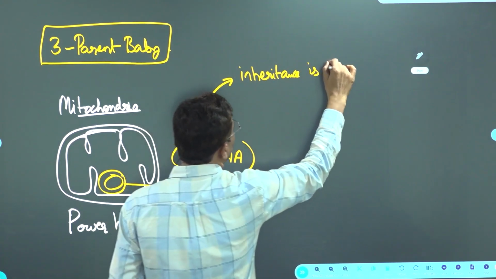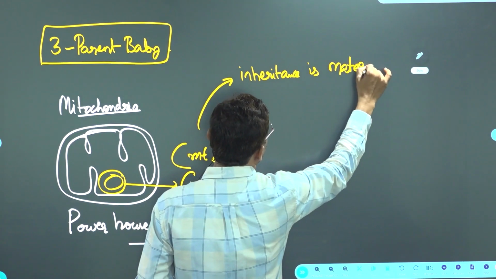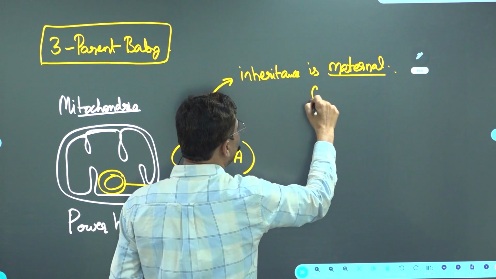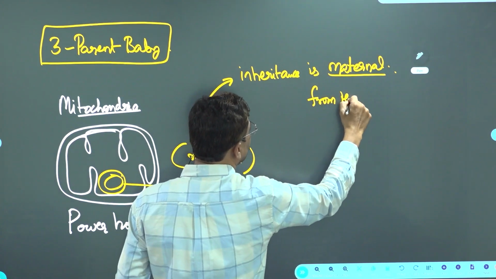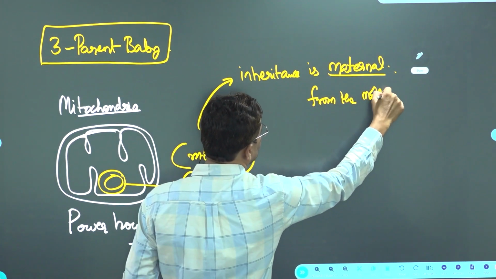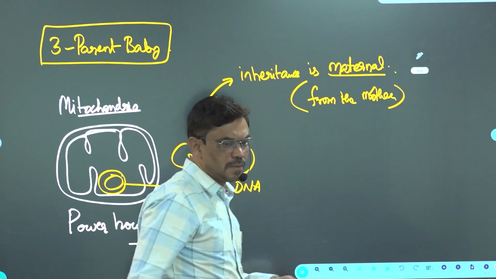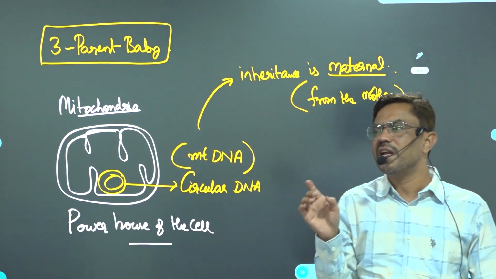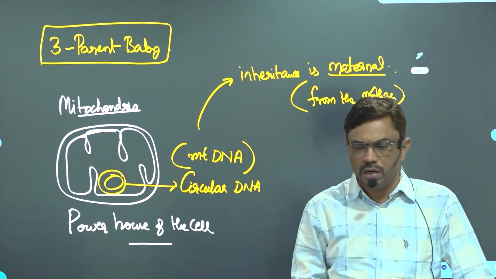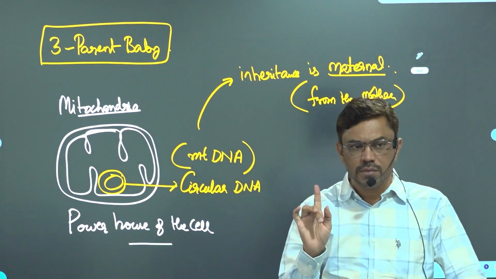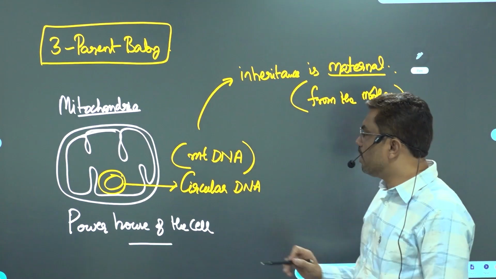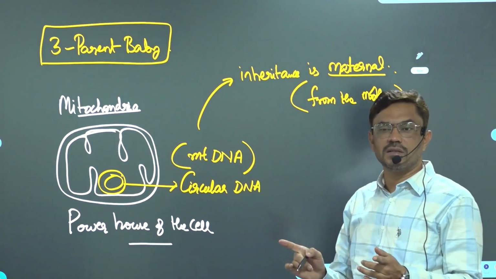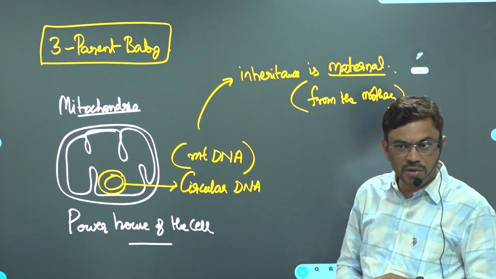Inheritance is maternal. What does that mean? It is inherited to the next generation from the mother. That means the transmission of this mitochondrial DNA occurs from the mother, not from the father.